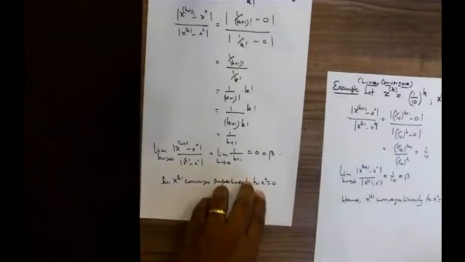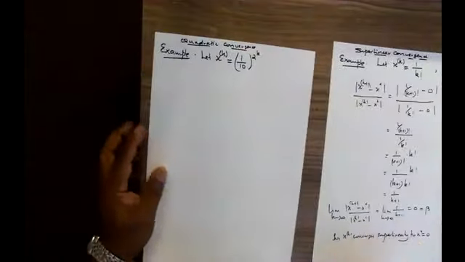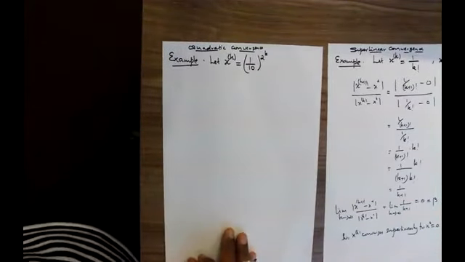Have a look at the third example: 1 on 10 to the 2 to the k.